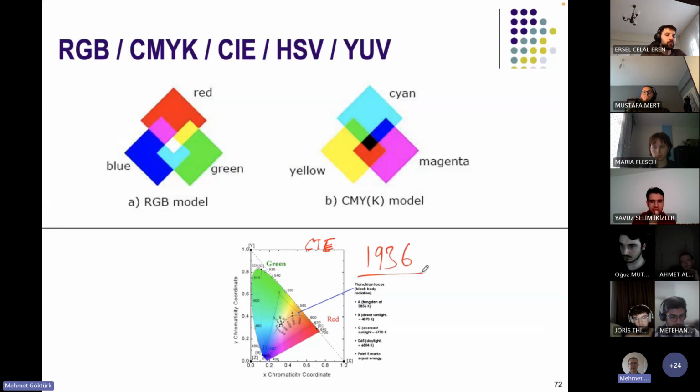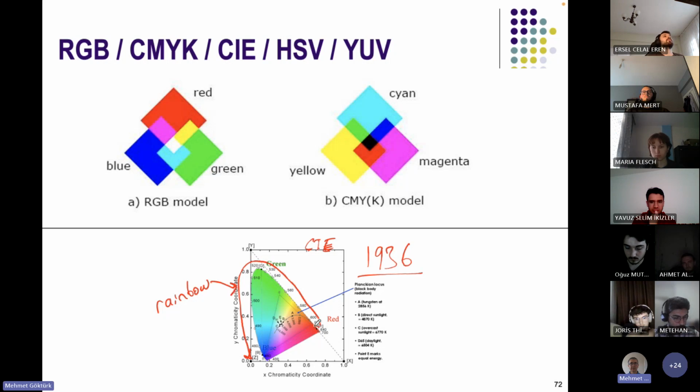The edges contain the rainbow. Rainbow frequencies are on the edges. Anything that we can see stays inside, for the human eye. Maybe some animals have a different type.